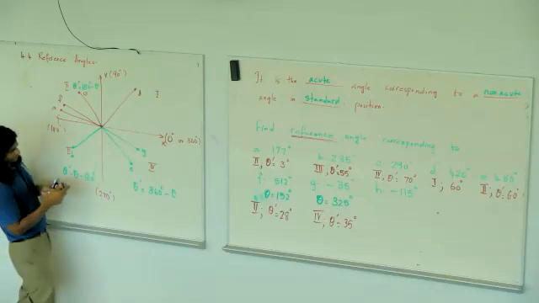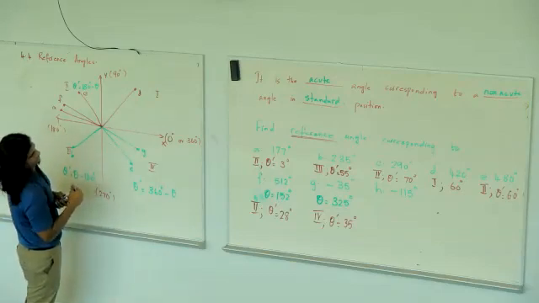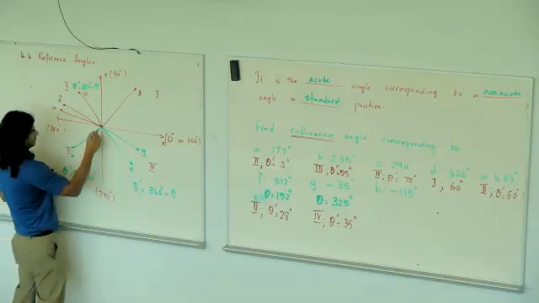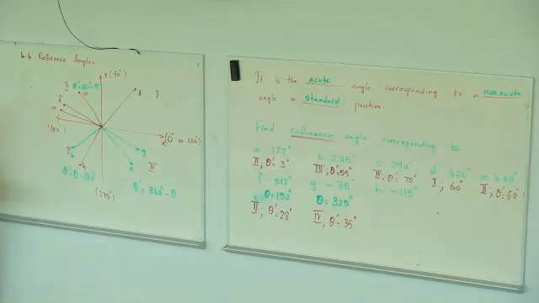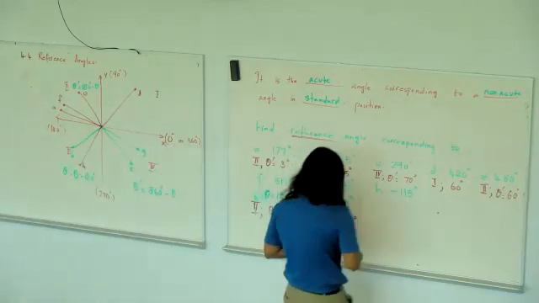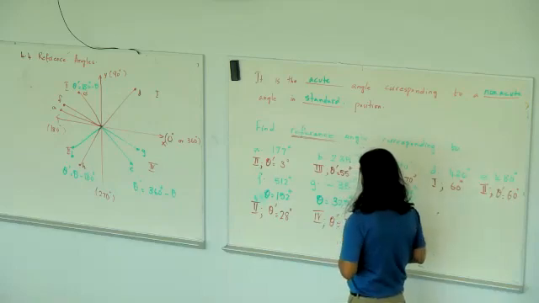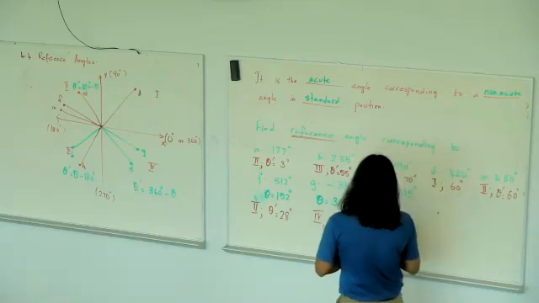Third. So in the third quadrant, we need the corresponding positive angle. What is the positive angle? 245.